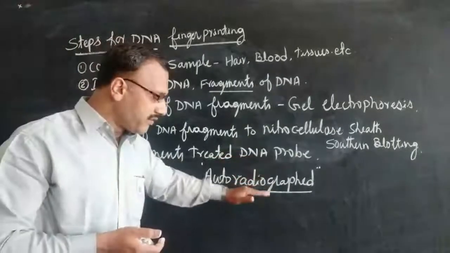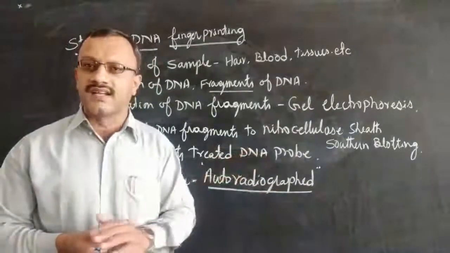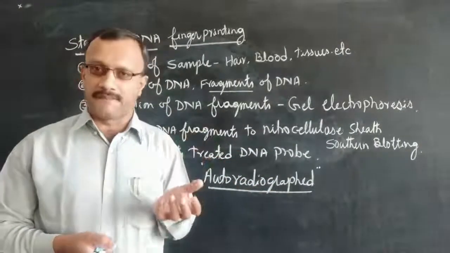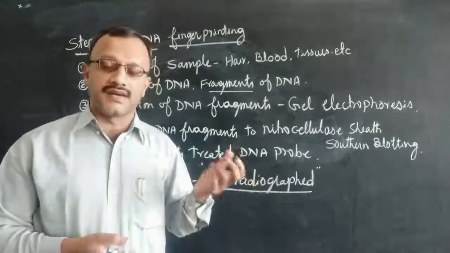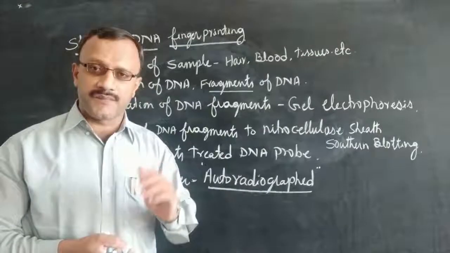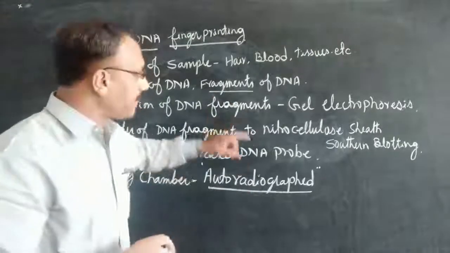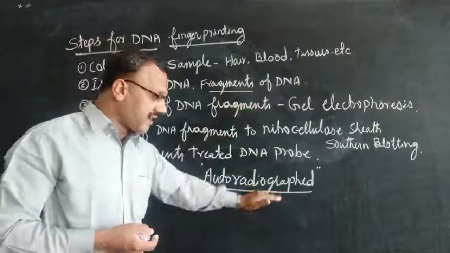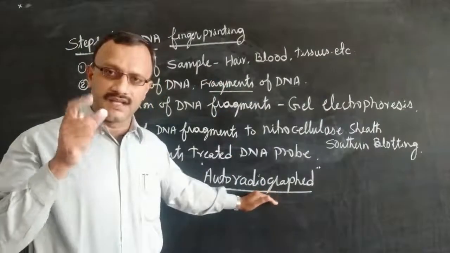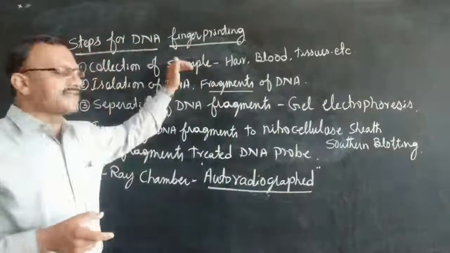This autoradiograph is called a DNA profile, which shows the pattern of nucleotide sequence present in the form of repetitive DNA in that particular sample. In other words, autoradiograph is the DNA profile of that sample.